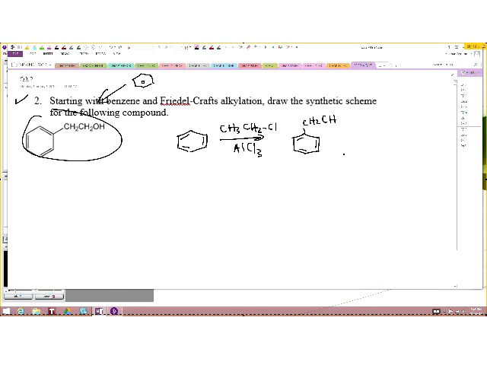Okay, now what do you do now? What do you do next? Keep in mind we need to form an alcohol. This takes us back to last semester. Bromine, okay. What reagent do you need for that? Is it Br2? Yeah, well, you could use Br2.